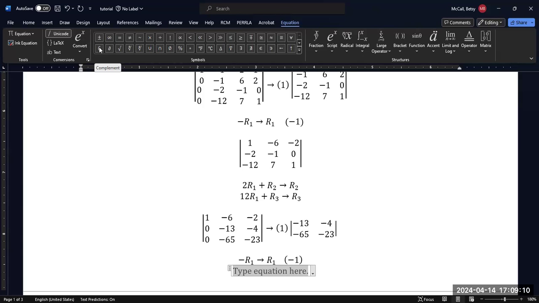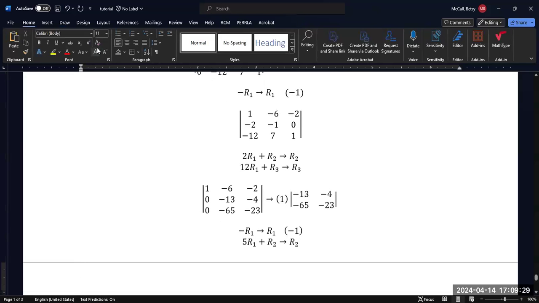65 divided by 13 is 5. So I'm going to get rid of 5 times row 1 plus row 2. This is, again, if I'm working in a fully triangular matrix, then this is the last step that I have to do.